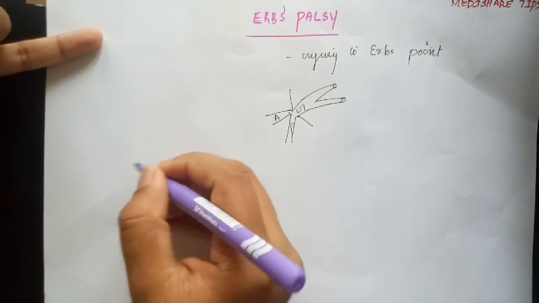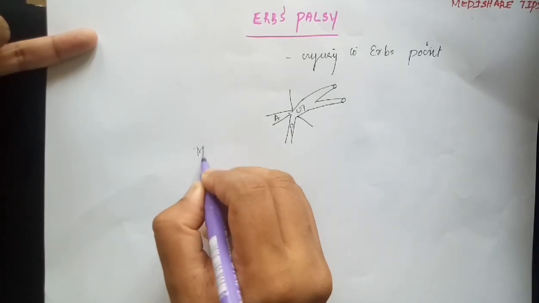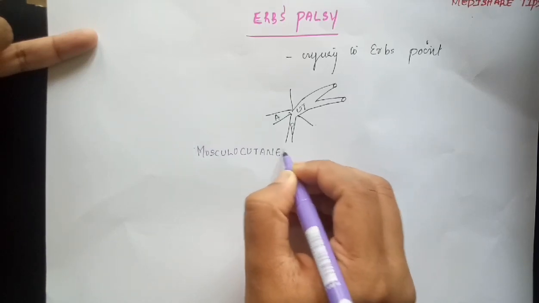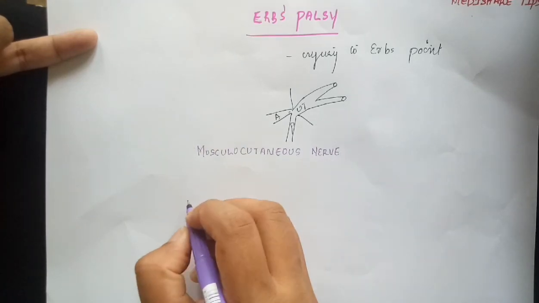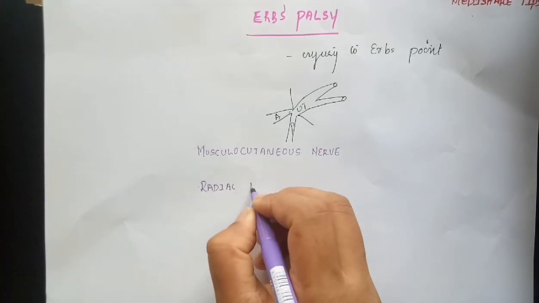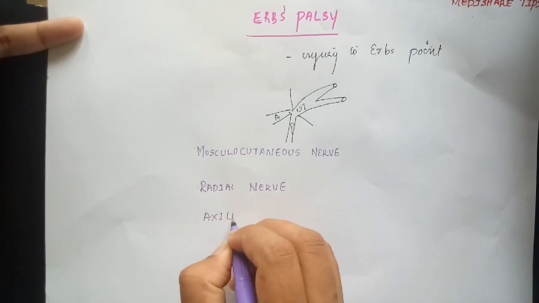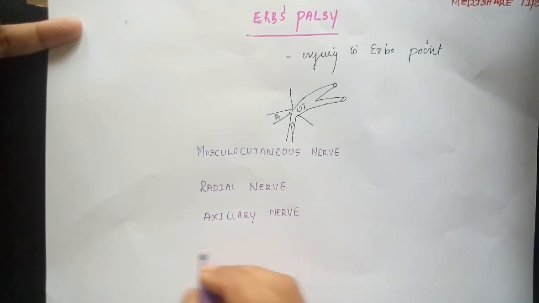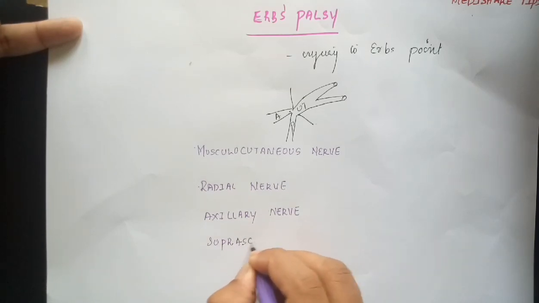The nerves affected include the musculocutaneous nerve, the radial nerve, the axillary nerve, and the suprascapular nerve, which is a branch of the upper trunk of the brachial plexus.